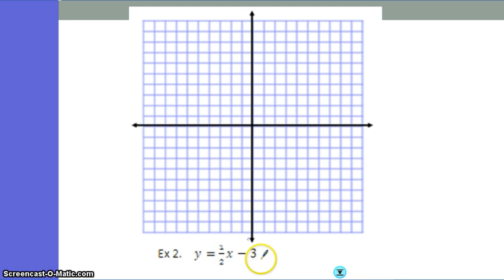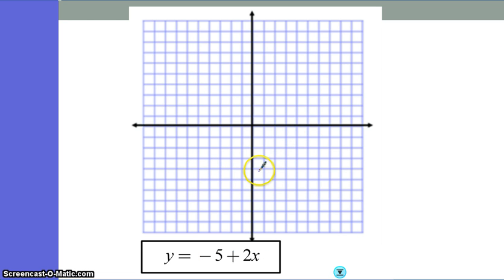Now, changing from there is when you have slope-intercept form. Do you remember for this, you're going to start with the y-intercept, which is at -3, and then you've got to count out your slope. If your slope is 1/2, that's up 1 and over 2, and then connect your lines.